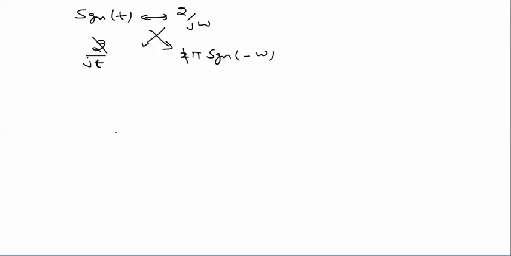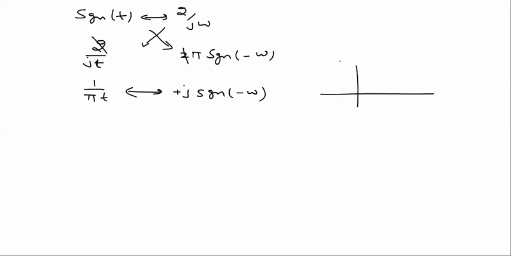We cancel 2 with 2, giving 1 upon pi t, minus j plus j signum omega, where signum is an odd function of omega. So the minus comes out. Now the Fourier transform of 1 upon pi t is minus j signum omega.